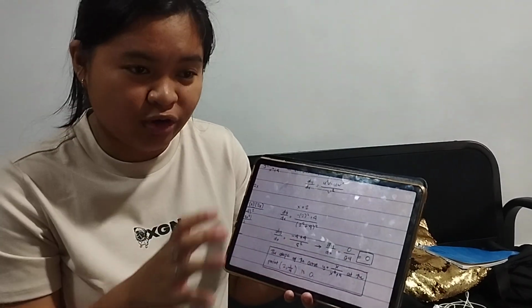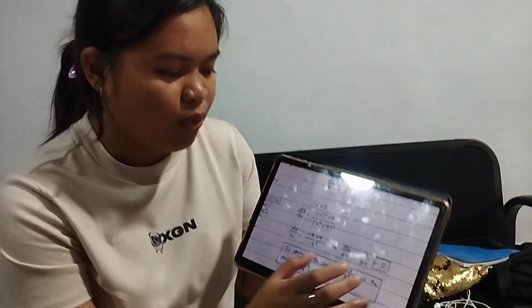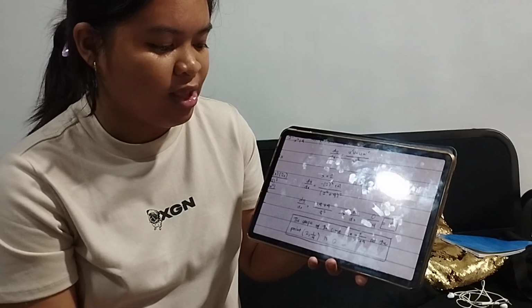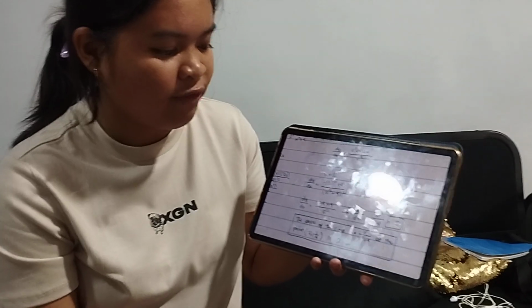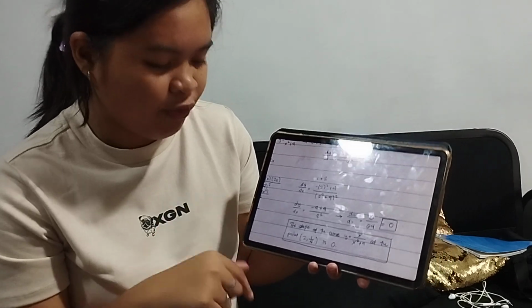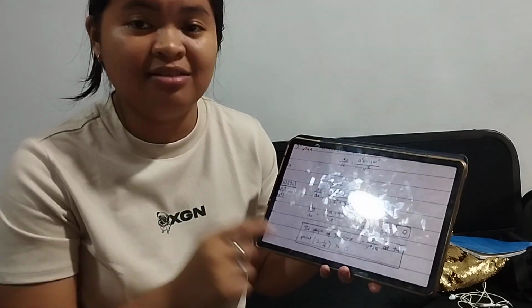In short, 0. So we can conclude that the slope of the curve y equals x over x squared plus 4 at the point (2, 1/4) is 0.